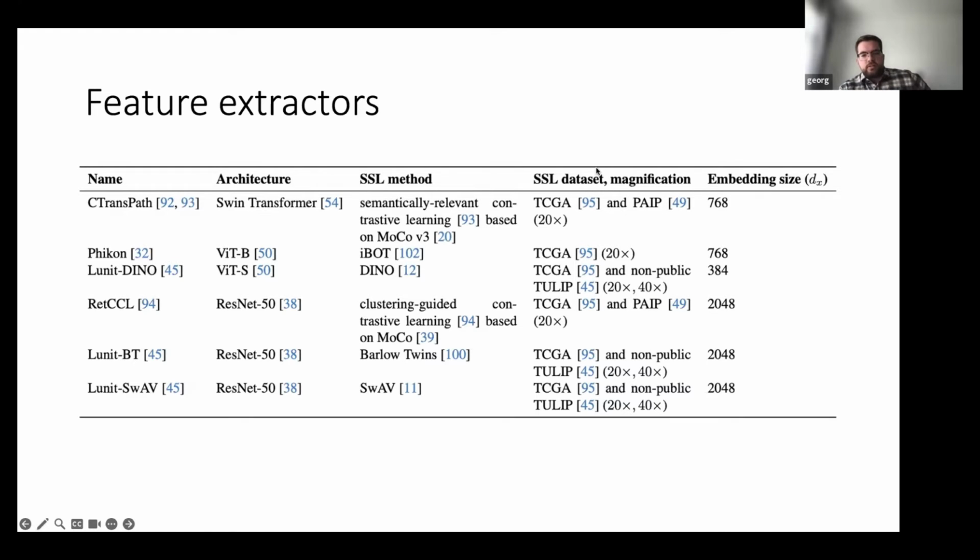Basically, what these all have in common is that they were pre-trained on TCGA and possibly some other smaller data set in addition. Just for reference, TCGA has around 30,000 slides, whereas you have these larger foundation models, for example, the one presented just two weeks ago, which used 400,000 slides. So there is an order of magnitude or more difference between the models that I'm comparing and the largest ones that are trained but closed source or closed weights.